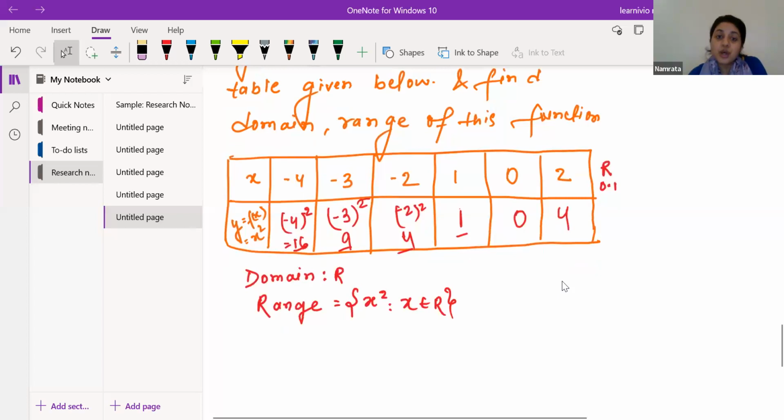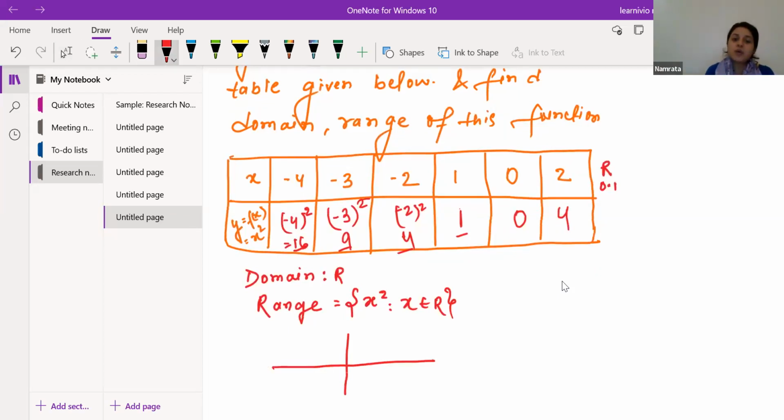And if we have to plot the graph of it, then with the help of this input and output, we can plot it. If the input is -4, the output is 16, somewhere here. So this is the point.